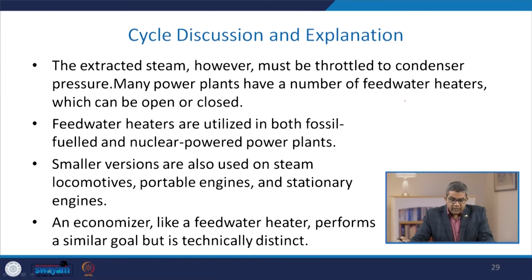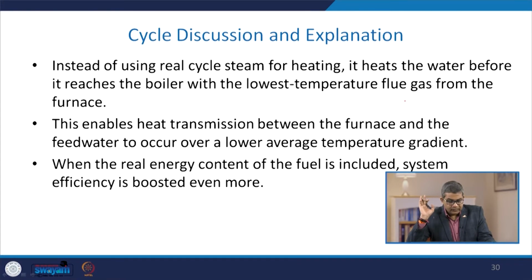Now, an economizer, like a feed water heater, performs a similar goal, but in a technically distinct way. Instead of using real cycle steam for heating, it heats the water before it reaches the boiler with the lowest temperature flue gas from the furnace. So, this is the slight difference between the superheater and the economizer.